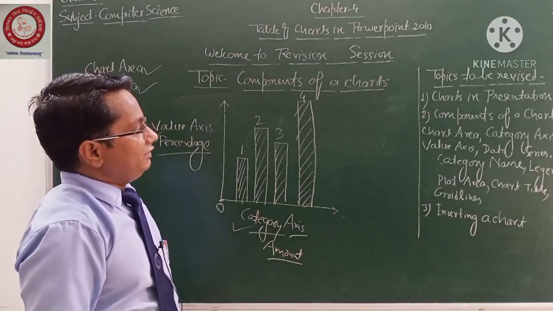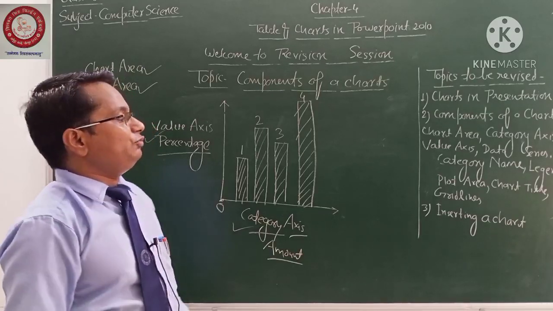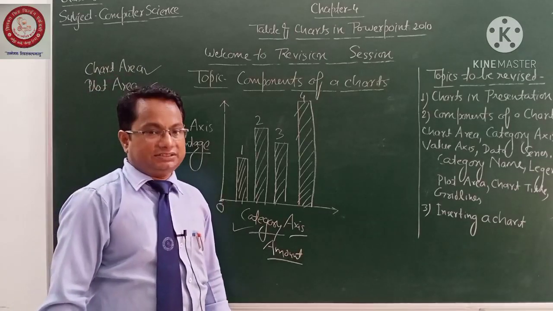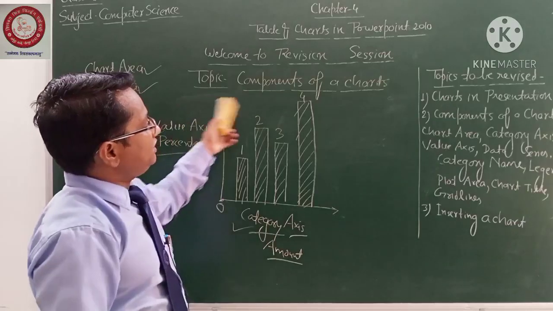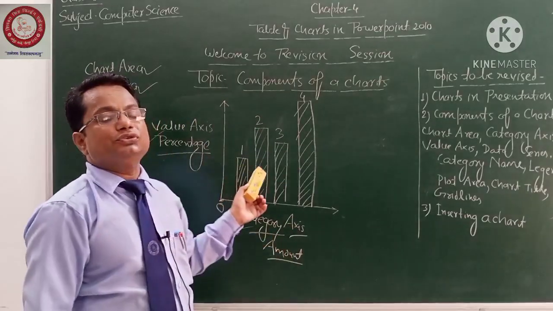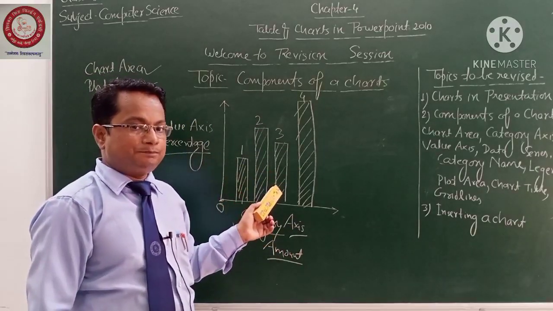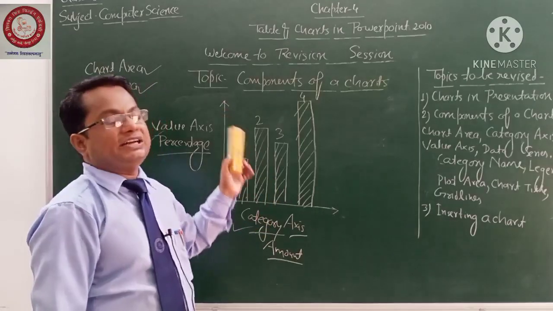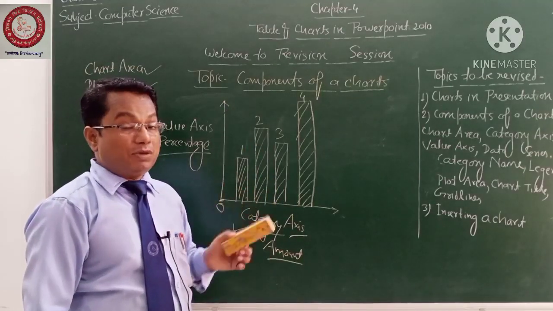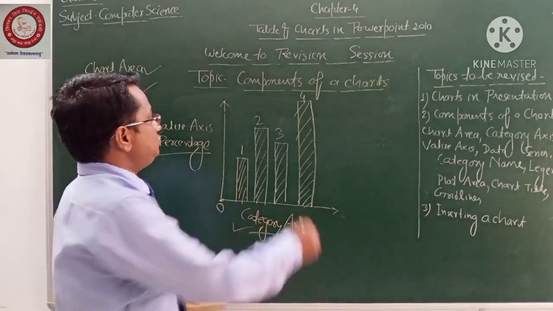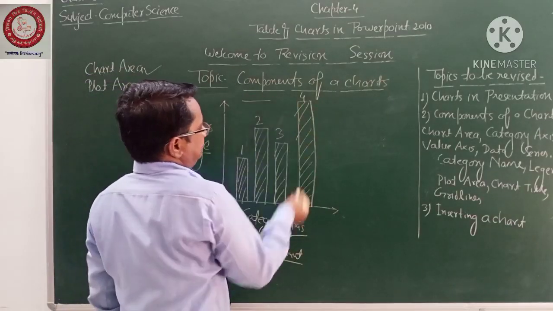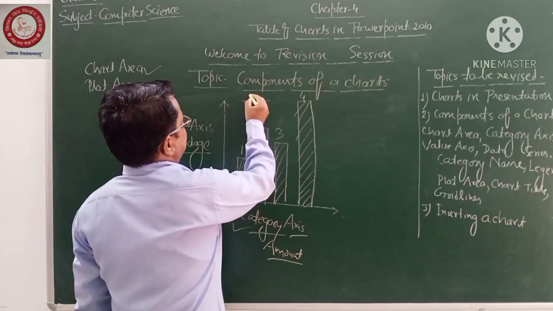Now, after this I am going to talk about the chart title. Whatever you are going to use on this particular plot area should be titled. That must be titled. You can write it here or at any other place for giving the title.